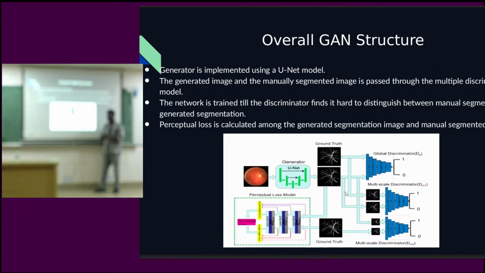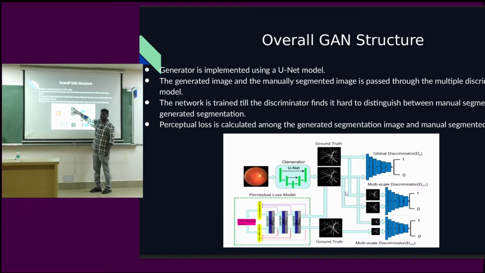The GAN is capable of generating images exactly the same as the ground truth images. I give the fundus image, and it gives the segmentation of that.